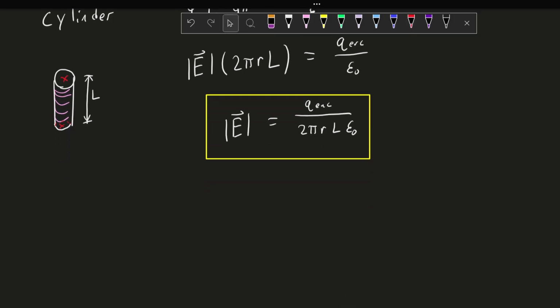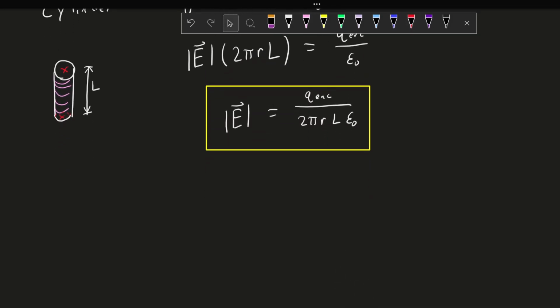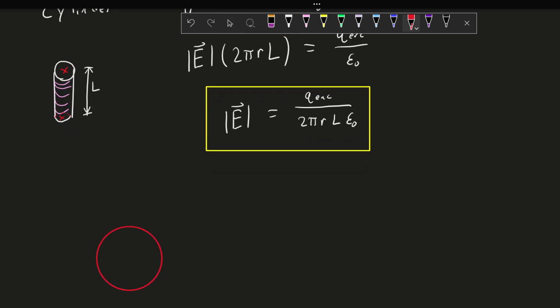So now let's just do some quick examples. Let's say you're given a sphere, and here's the sphere. Okay. And let's just say it's a solid sphere, and it has a volumetric charge density of rho.